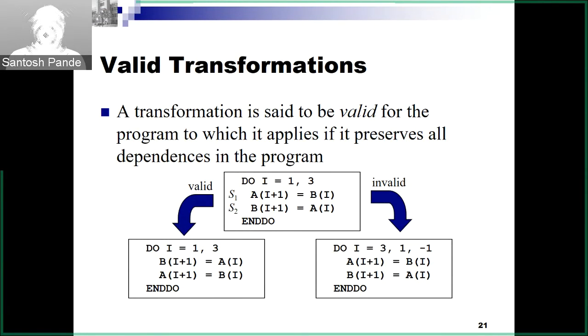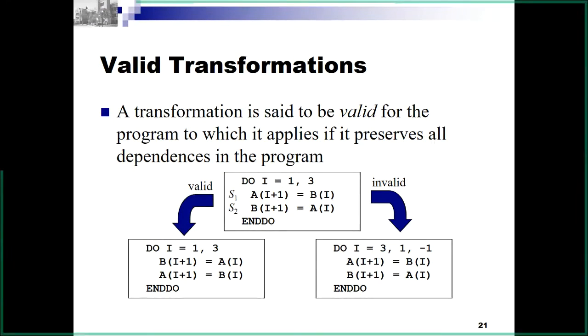As you can see in this particular case, even parallelization will be invalid, not just the reversal, because you can see that we are supposed to maintain certain order in the space as far as read writes are concerned.